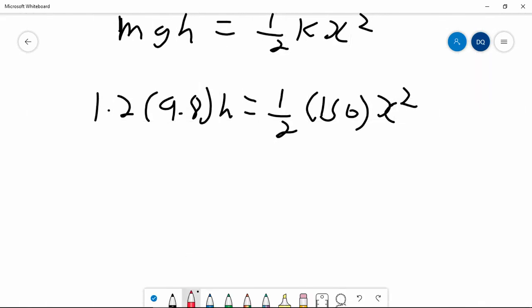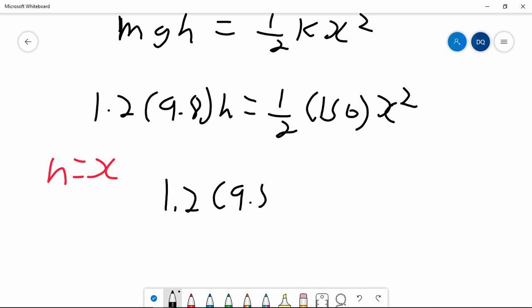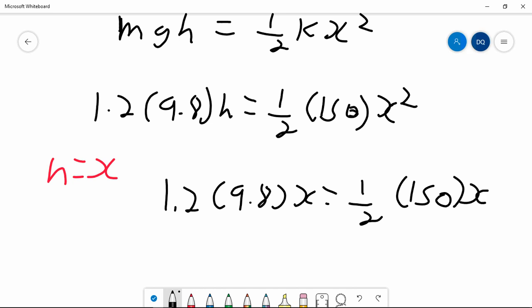So knowing that h is equal to x, because the distance the block dropped in this case is equal to the distance the spring compressed, we can now say that 1.2 times 9.8x is equal to 1/2 of 150 times x squared.